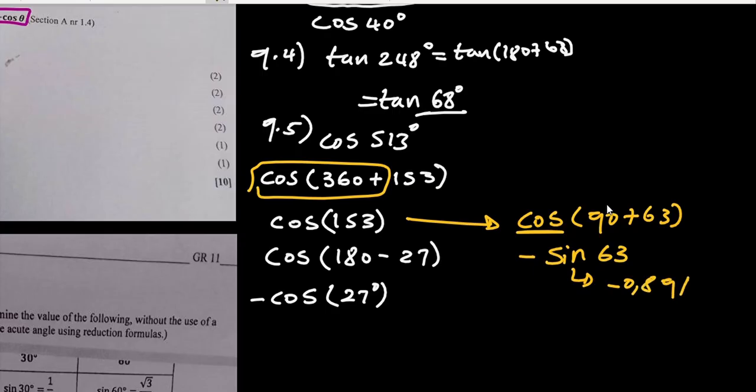And if you take a calculator and do negative cos 27, you are going to get negative 0.891, which basically means this is the same thing. It's up to you which one you use. It's the same answer.